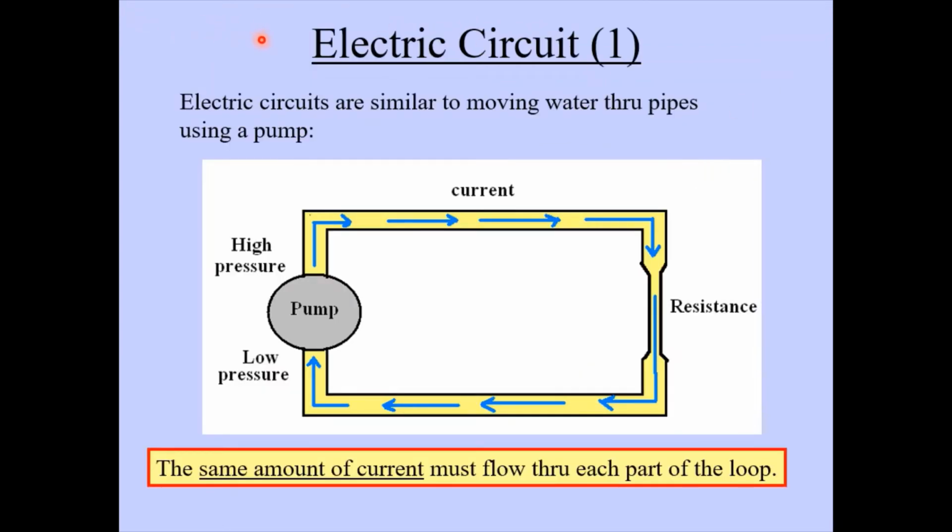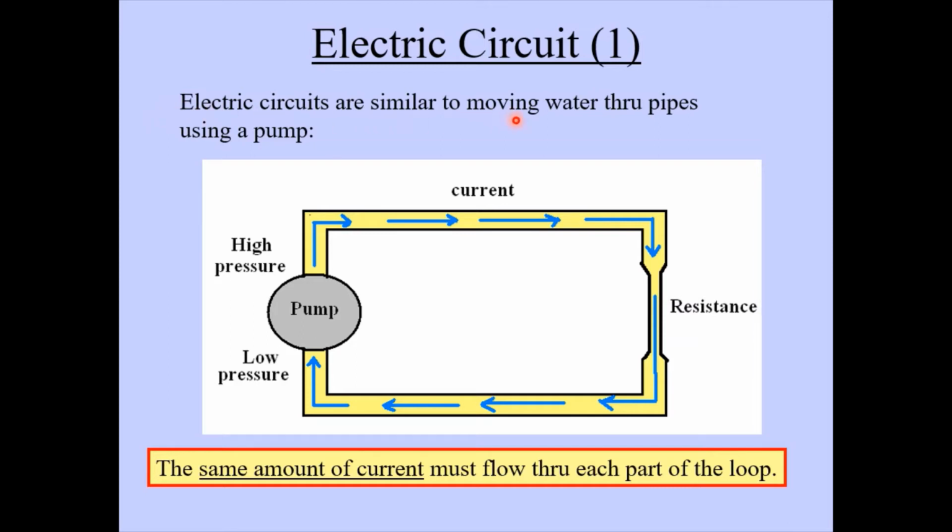We can now start to talk about and imagine or model a very important part of the study of electricity, and that is the idea of an electric circuit. So before we actually talk about electricity flowing through wires with batteries and so forth, let's do an analogy here that'll make it much easier to envision what's going on in an actual electric circuit.